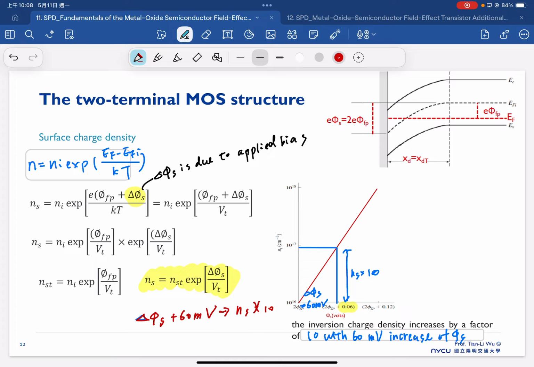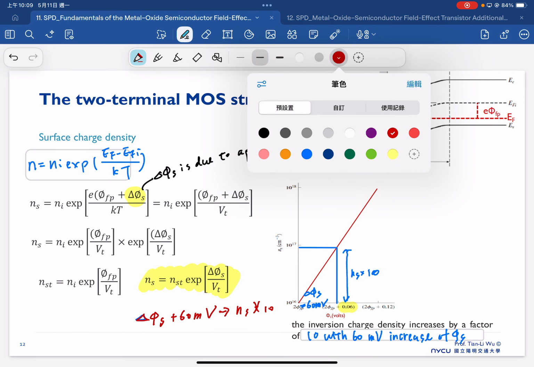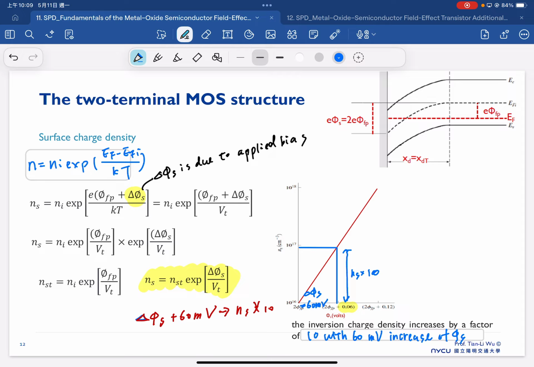This result also leads to one fundamental bottleneck for our transistor. If we transform this concept into current versus voltage, which again we plot as log current versus gate voltage: phi S is proportional to our gate bias, and Ns in the end correlates with our drain current.